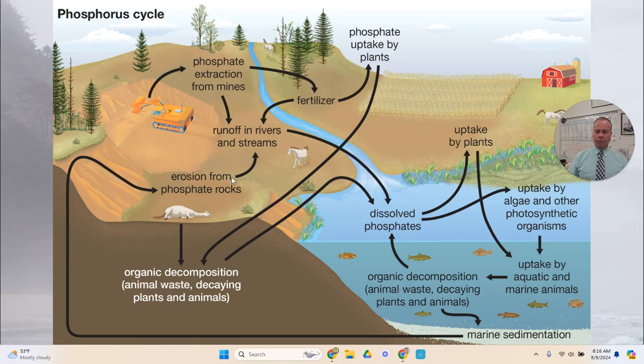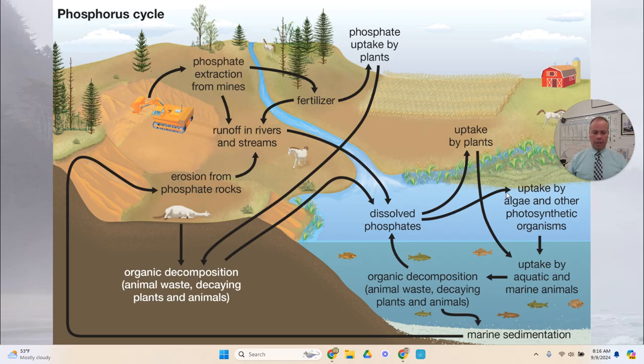It can come from the erosion and weathering of rocks, which release phosphorus into rivers and streams. Plants absorb phosphate through the soil and through their roots and store it in their tissues. Other aquatic plants take up phosphates that are dissolved in the water.